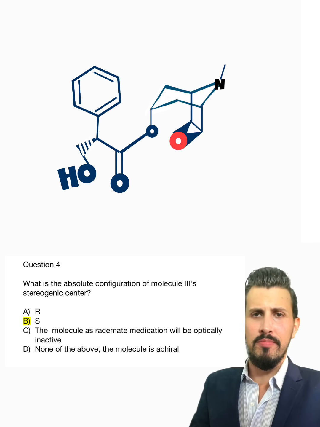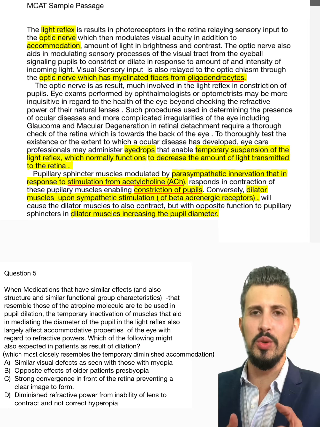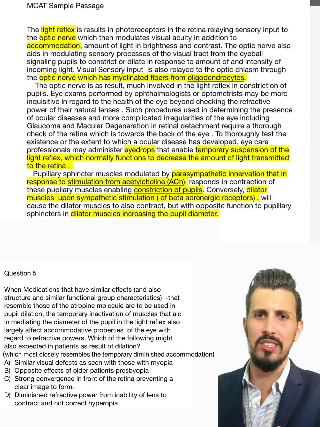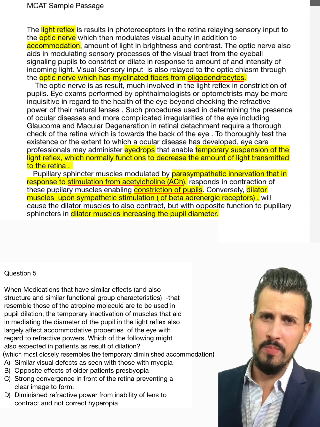For question 5, you're being asked in reference to physics, in reference to some of the potential side effects of atropine and medications similar to it, as provided in molecules 1, 2, 3, and 4.